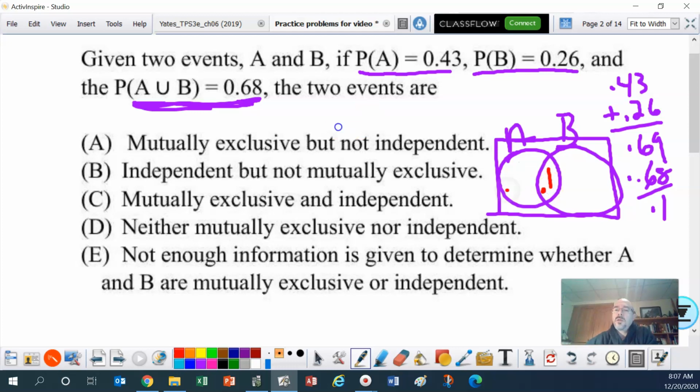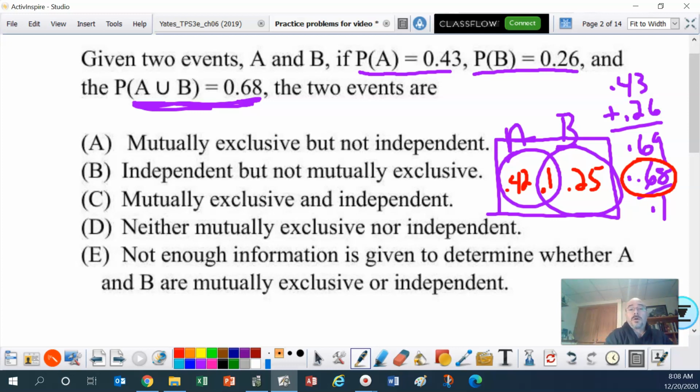And then this is 0.42, and then this is 0.25. Both of them added together have to add up to 0.68, but when I looked at them up here, they added up to 0.69. So guess what, ladies and gentlemen? They share something. So that means they're not mutually exclusive, right?